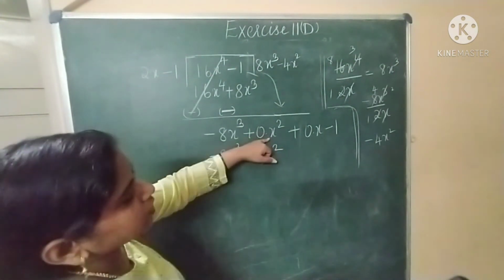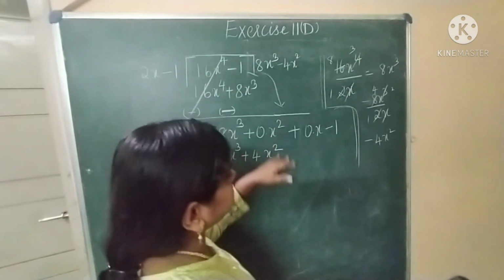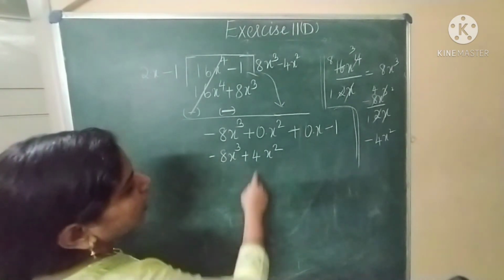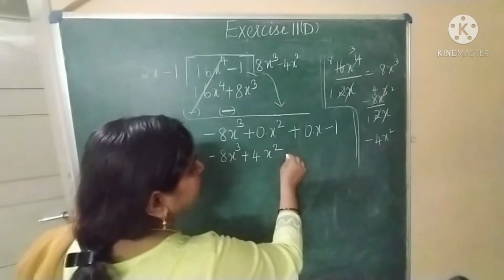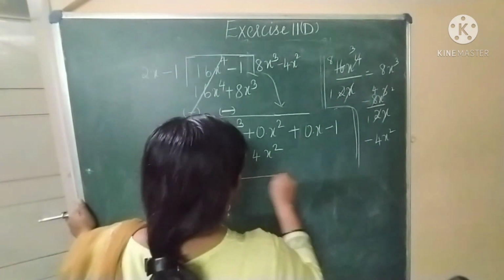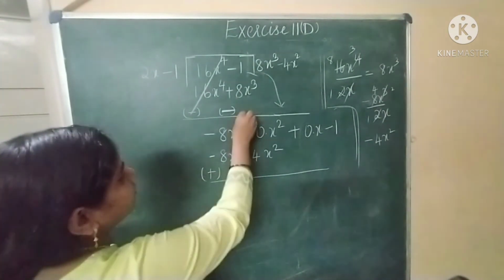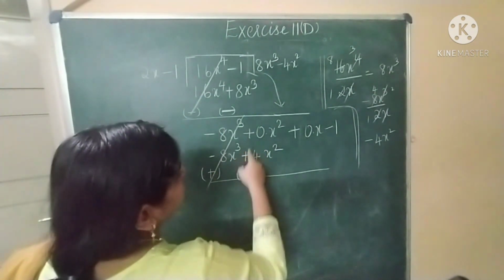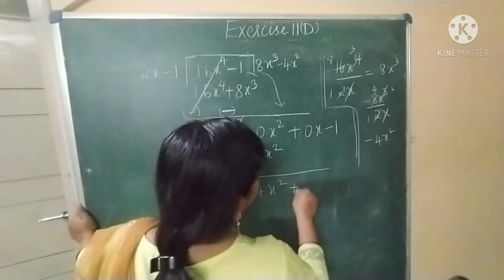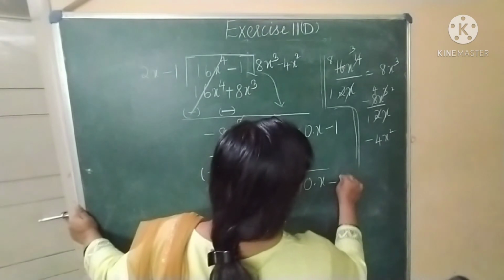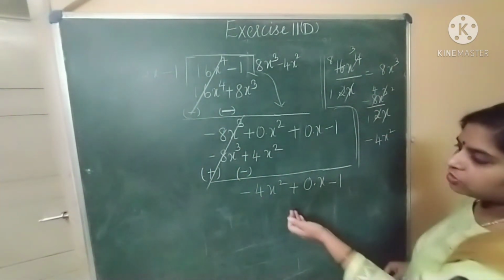Did you understand why I took 0 into x square? Because this term is actually 0, but to make the division convenient I took 0 into x square. 0 into x square is always 0. Then plus and minus get cancelled, 4x square remains, and then 0 into x minus 1 remains as the remainder.